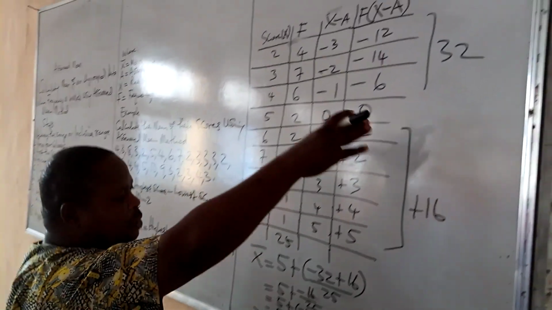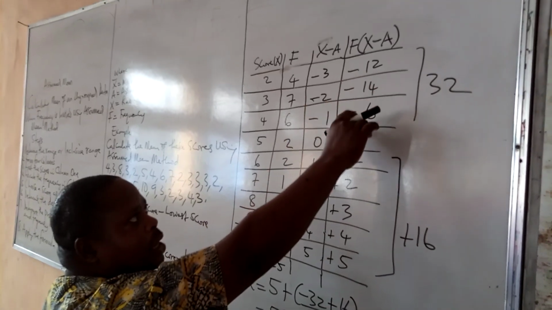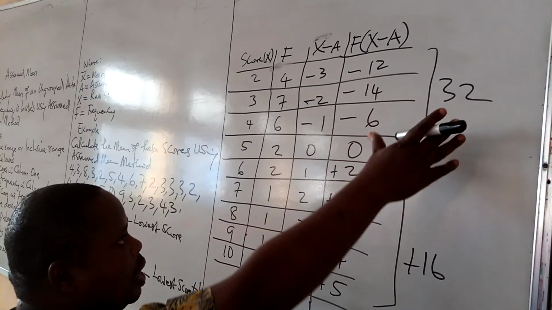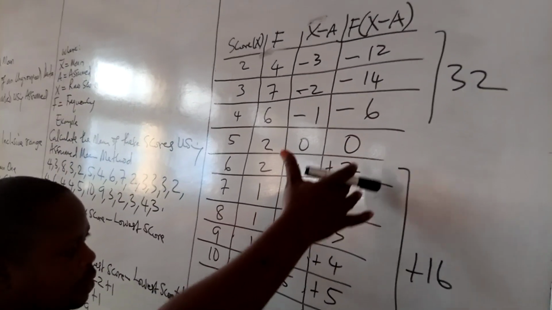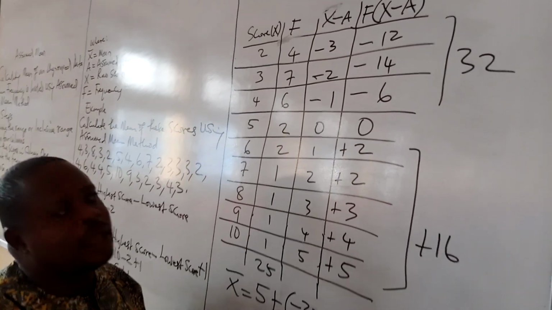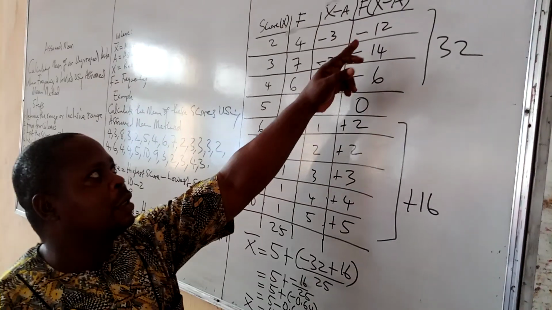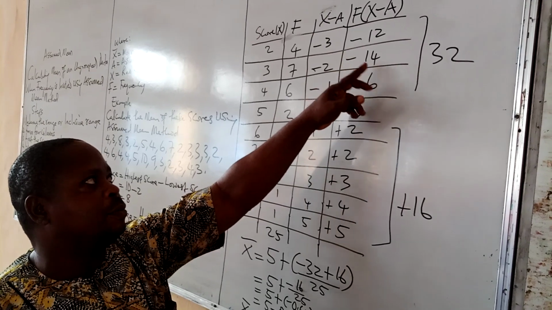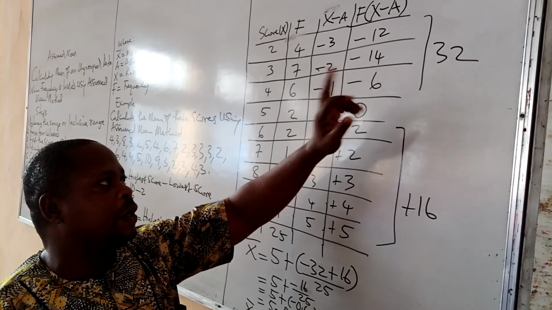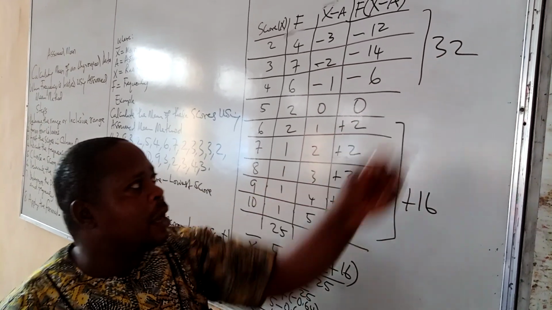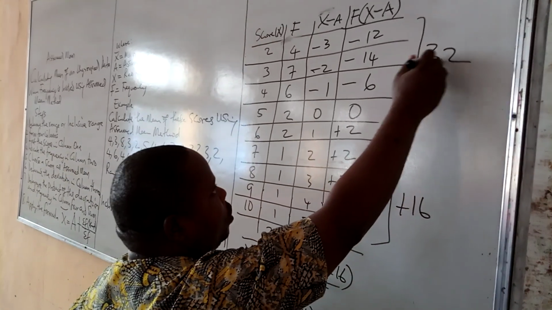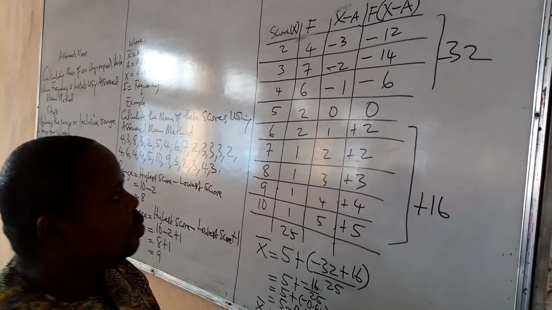And then what is there? You add the negative integers together and the positive integers together. For instance, minus 12 plus minus 14 plus minus 6 gives minus 32.